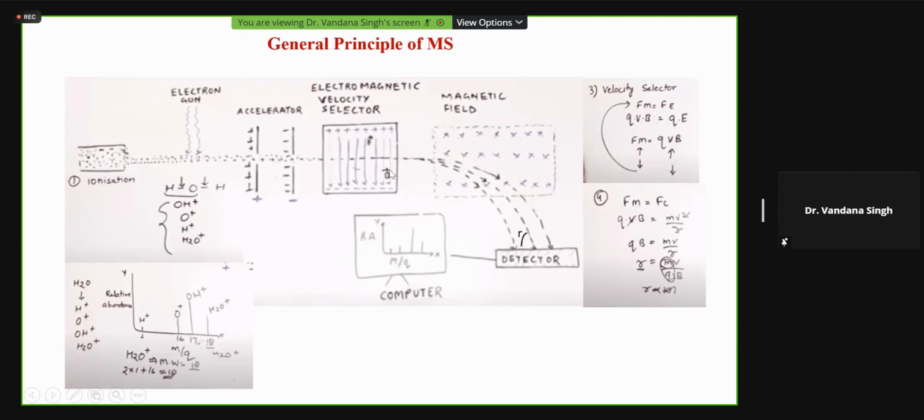The analyzers which are broadly used are either the quadrupole analyzer or the time of flight analyzer. What is the quadrupole analyzer? Quadrupoles have 4 electrodes, 2 upside and down, and 2 left and right, perpendicular to each other and facing each other. So in cross section they will look like this.